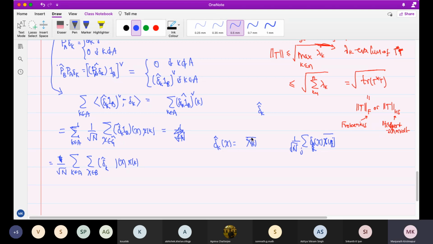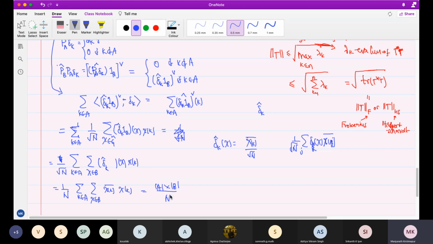So that gives chi of K bar by square root of n. So this is 1 by n, sum over K in A, sum over chi in B, chi of K bar, chi of K. That is 1. So this gives you exactly cardinality A times cardinality B divided by n. Okay, so that was the claim.